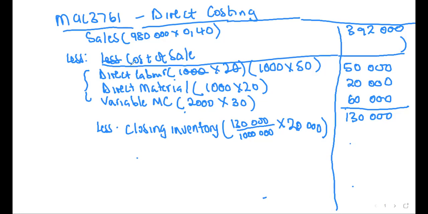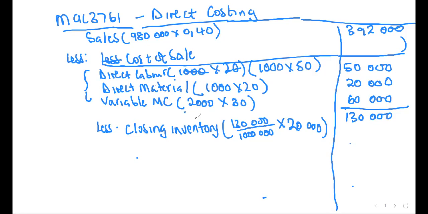And if you say less cost of sale, you need to calculate the cost of sale first. The cost of sale is this: direct material, direct labor, variable manufacturing cost, and we less closing inventory to get the cost of sale. Those variable selling costs are not cost of sale, they are selling cost.